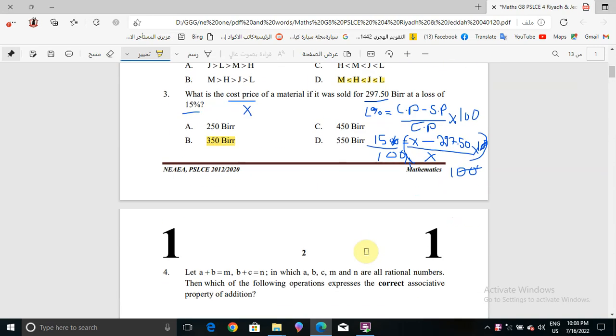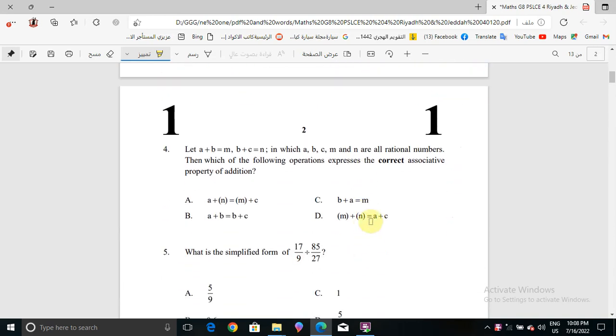Okay, now question number 4 says let A plus B is equal to M and B plus C is equal to N, in which A, B, C, M and N are all rational numbers. Then which of the following operations expresses the correct associative property of addition? The associative property of addition will be A plus N is equal to M plus C. Why?